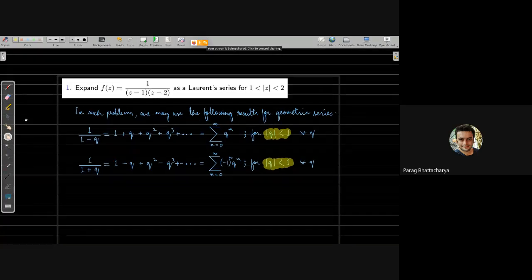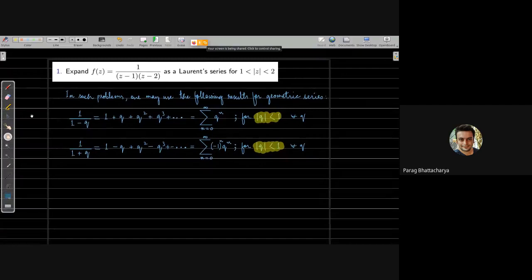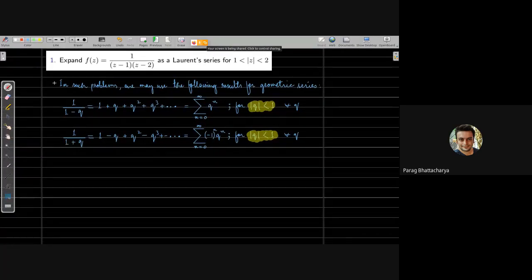So in such problems, when we use this following result, then another useful tool that we can use is known as the method of partial fractions.